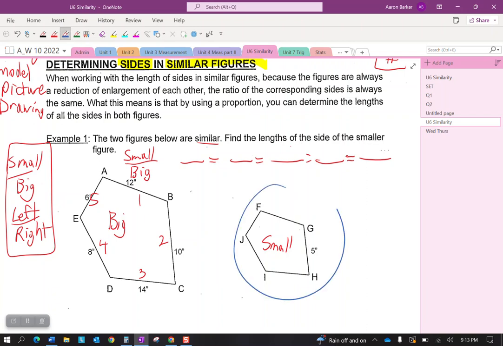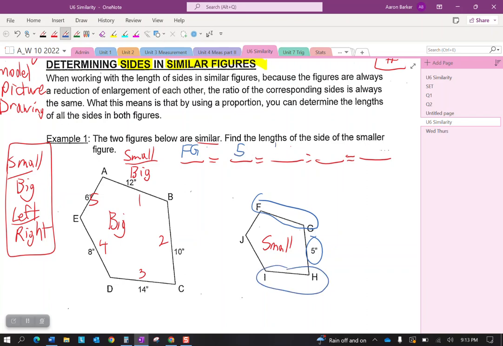Now, since they're not labeled, we can use the two capital letters. So for this side, FG. Then we know this value is 5. Then we know that this is HI. And this side is IJ. And this side is JF.